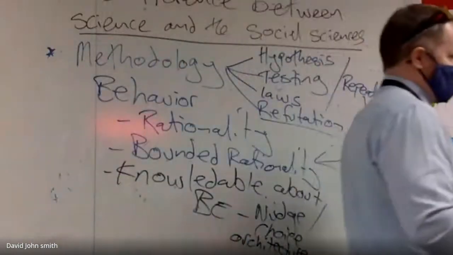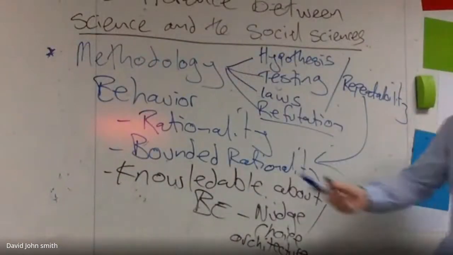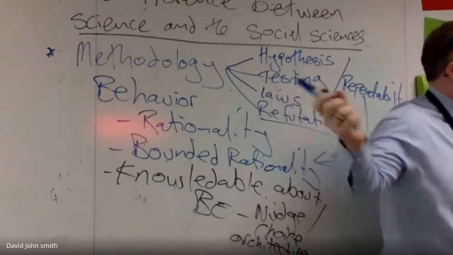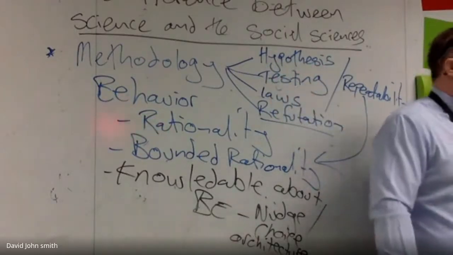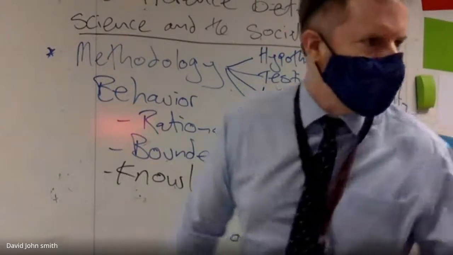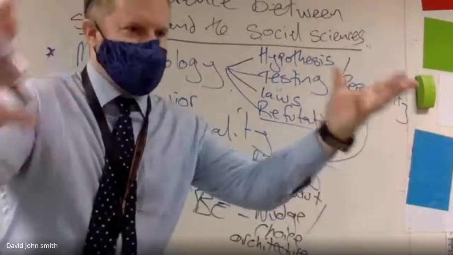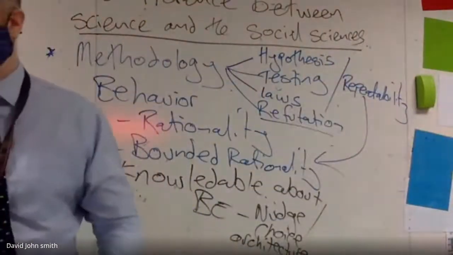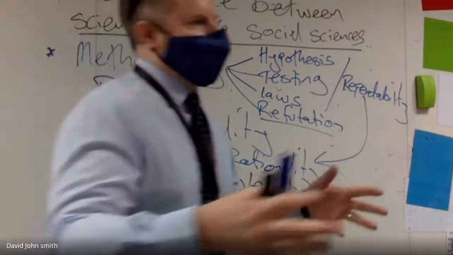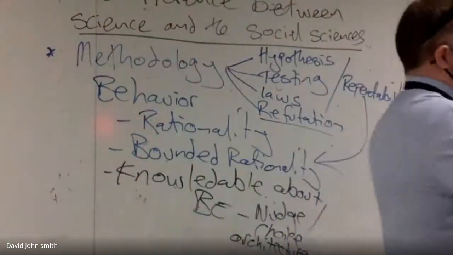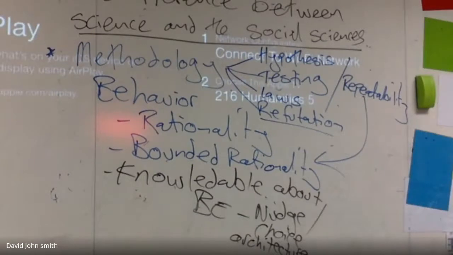Whereas with the natural sciences, if you're testing some sort of physics law, dropping things, or whatever it is that you do in chemistry, the different chemicals don't know that they're being experimented on.